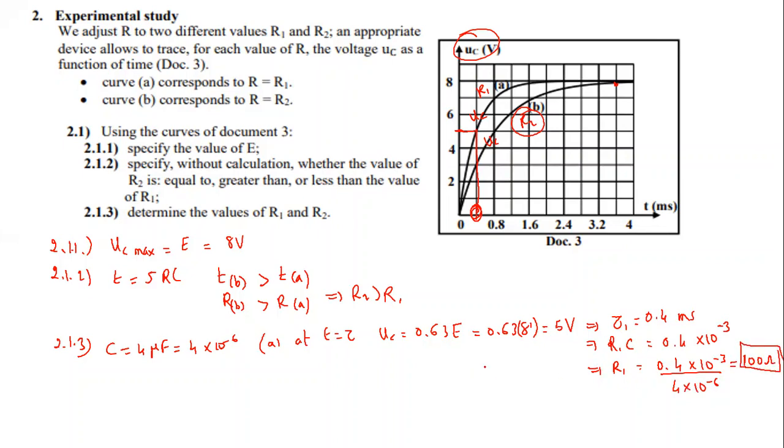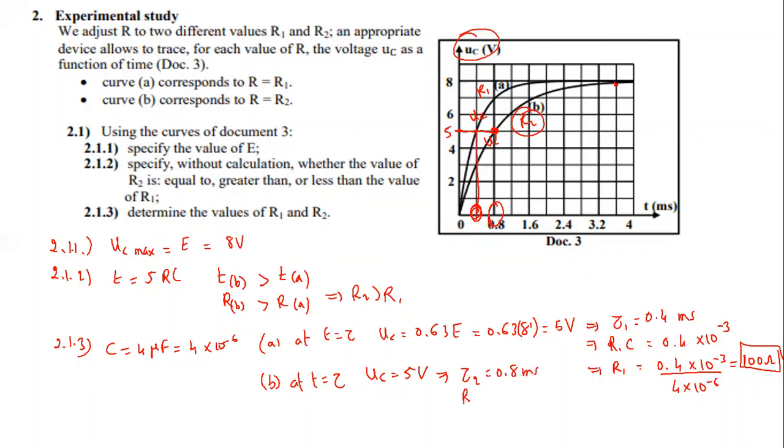Same thing, but for figure B. For figure B, at T equals tau, I have UC equal to 5 volts also, the same thing. But now I will take the second graph. So this is 5, here we have 5. So tau 2 will become equal to 0.8, which means tau 2 is equal to 0.8 milliseconds.